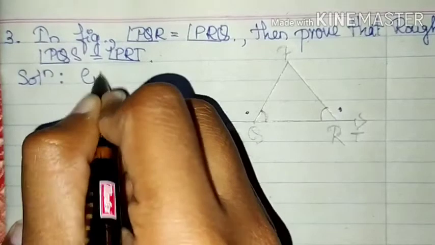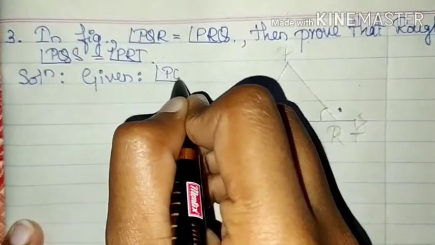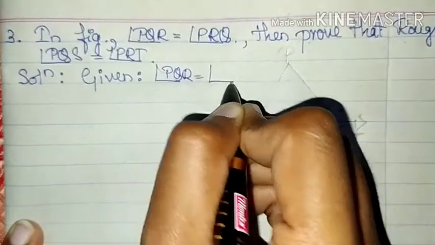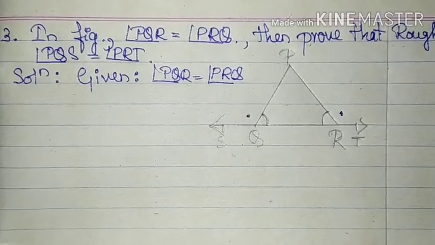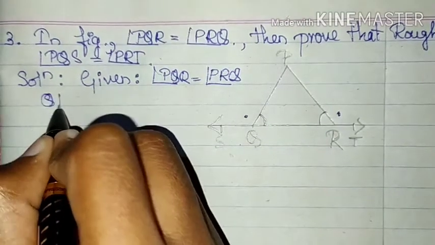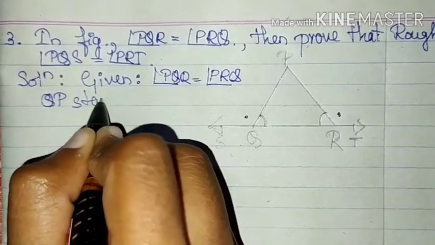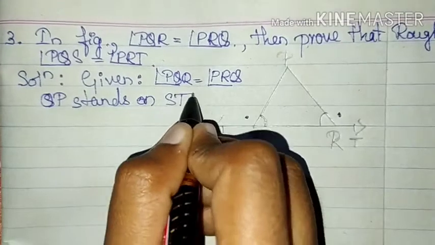First let us write given: angle PQR is equal to angle PRQ. This is given to us. So now QP stands on ST, right?